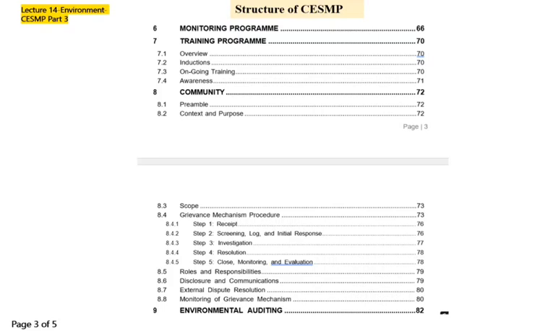So we have to define here how we will communicate. And after that, we have 8.7, external dispute resolution. It means if an external dispute happens, how we will resolve it.